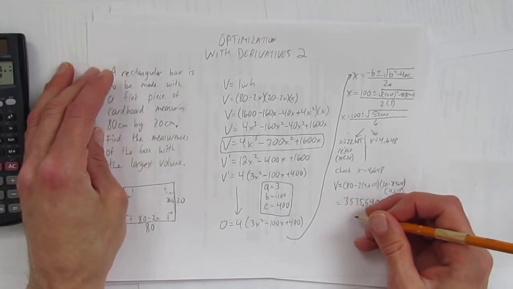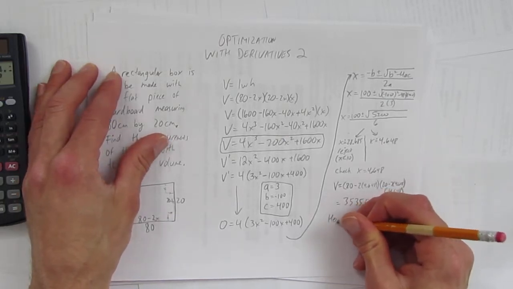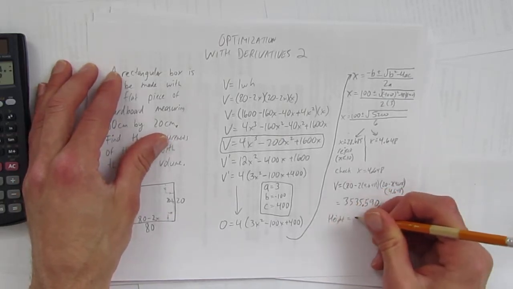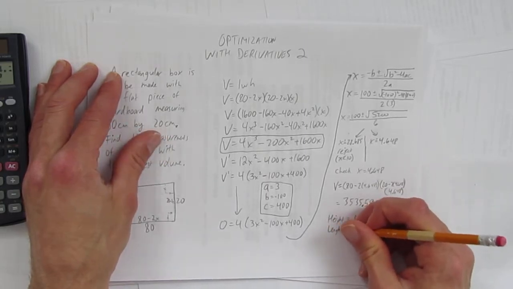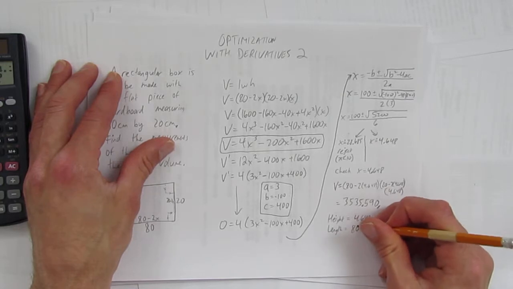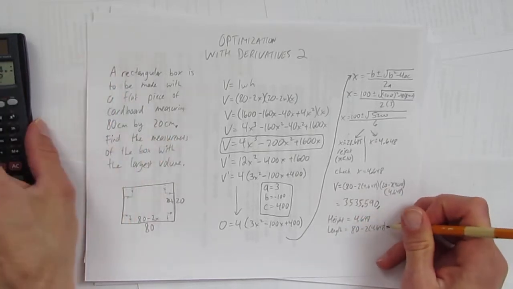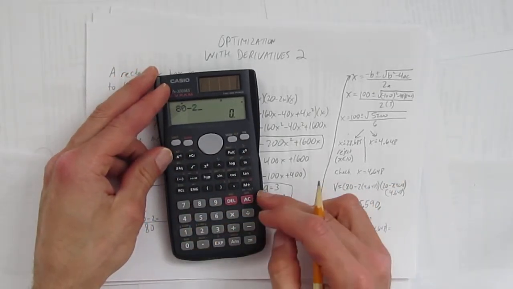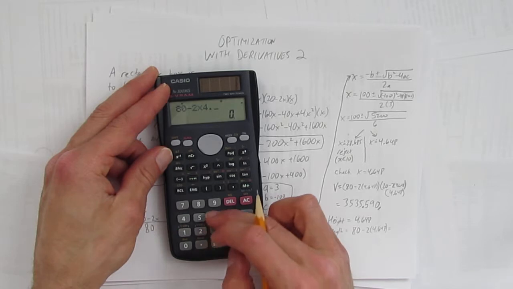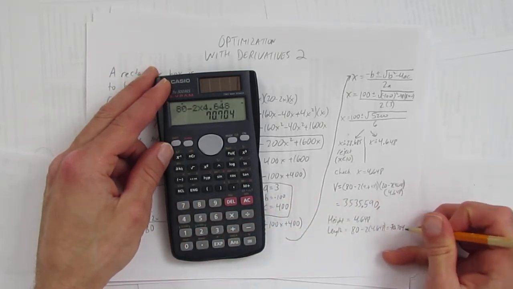What are my max measurements? Well, the height is easy. The height is just x, which is 4.648. What's the length? The length is just 80 take away 2 times 4.648, which is, I'm not sure, but we'll find out. 80 minus 2 times 4.648, you get 70.704.